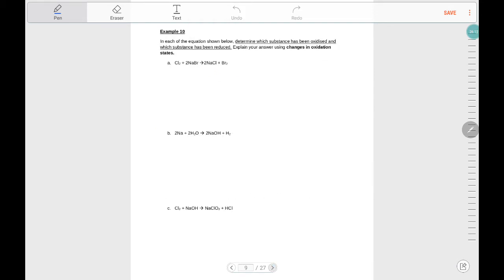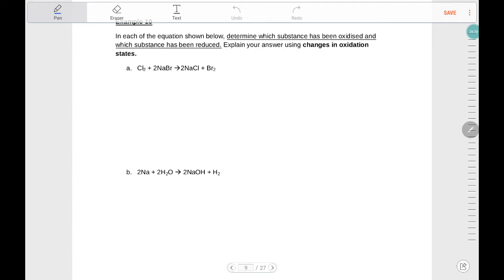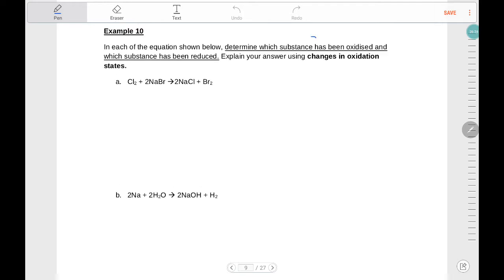Okay, so with that, we would now move on to quickly go through the homework on pages 9 and 10. Page 9, I'll just quickly give you the answer. In each of the questions here, the task is to determine who has been oxidized and who has been reduced. I'll give the answer for the first one. The oxidation states will be 0, plus 1, minus 1, plus 1, minus 1, 0.